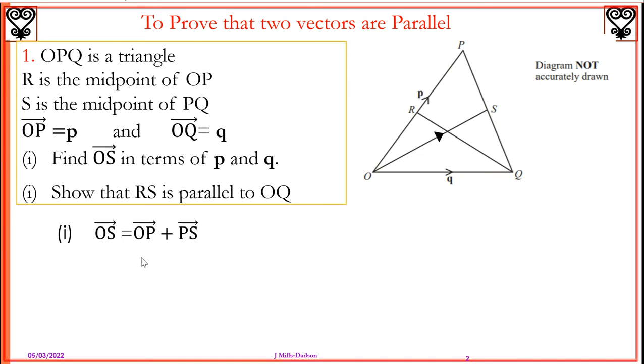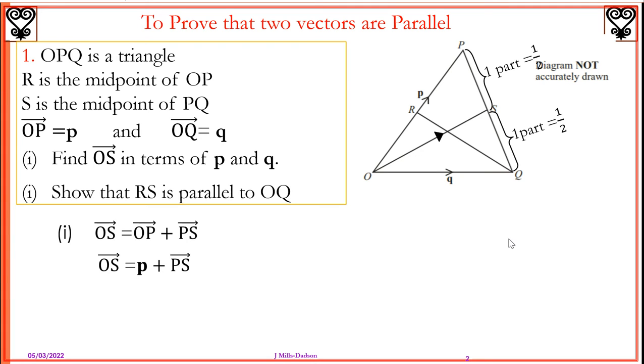We know vector OP as P, so we are going along the vector, so it maintains the sign. And we know PS, given that S is the midpoint, is half of vector PQ. So we need to work out vector PQ in order to work out half of that.